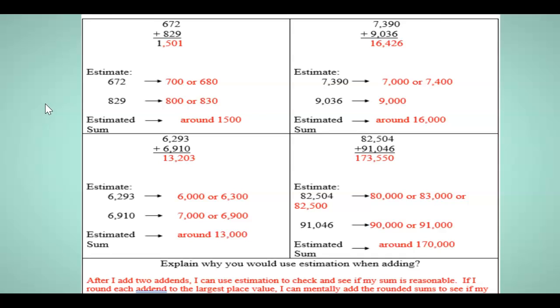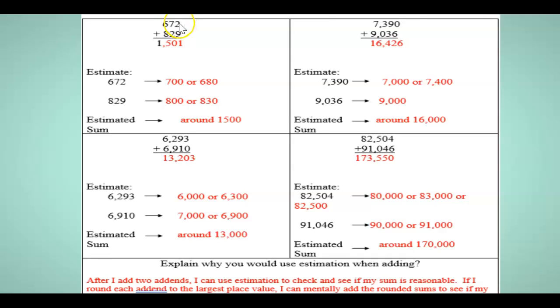The first problem is 672 plus 829, and you were required to do this in the standard algorithm. So you add it in the standard algorithm.